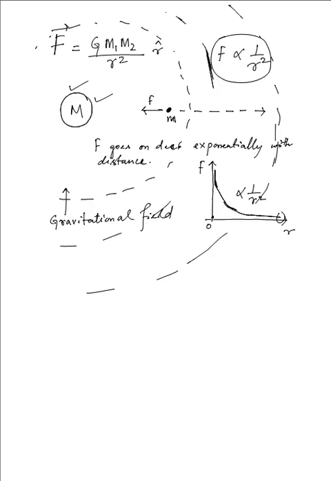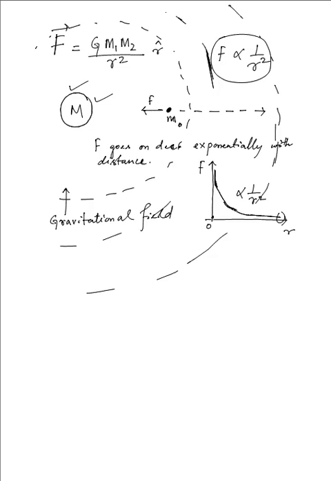Now, this gravitational field, however, must have some value at a given point. And how do we determine that? In order to do so, we can just use a test mass over here.